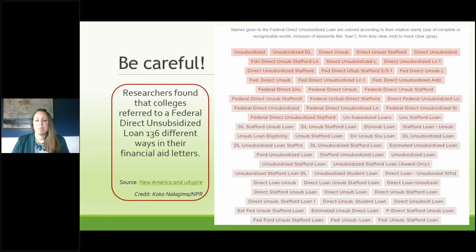Some may abbreviate loan with LN or just L. There's a lot of different ways that this loan is being represented in the award letter. So be very, very careful and explain to students to be careful too, because these loans do have to be paid back. So it's something to know what you're getting into and not jumping in blind.